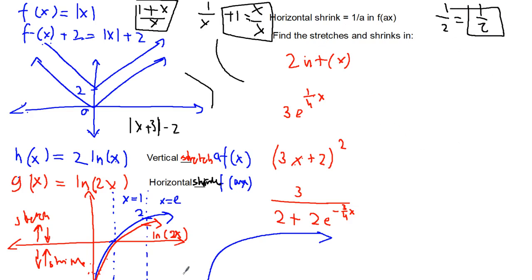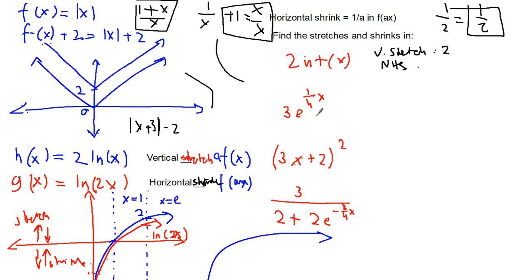We'll practice right now with these functions. So find the stretches and shrinks of 2 times f of x, right? It's just 2, and this is f of x, any regular function. So 2 f of x is just a vertical stretch of 2 and no horizontal stretch.